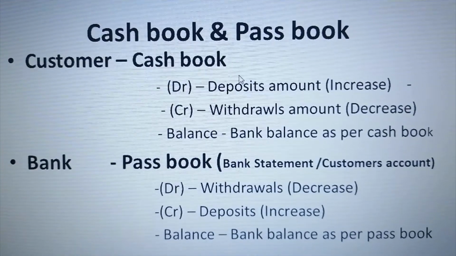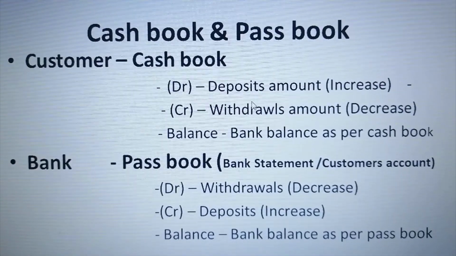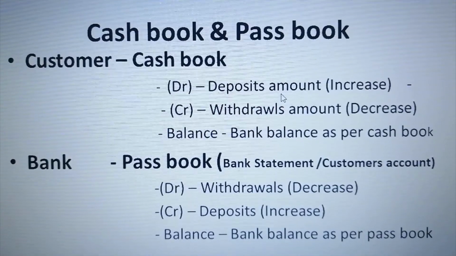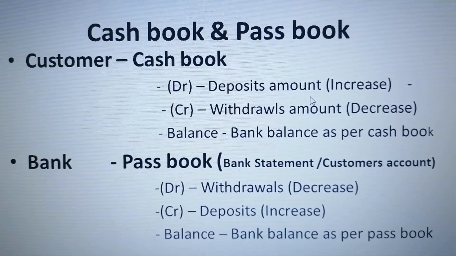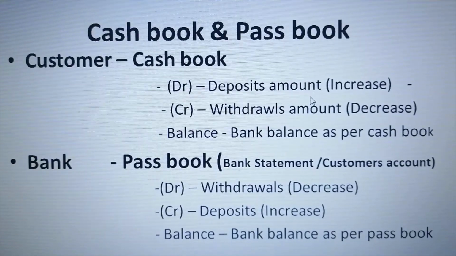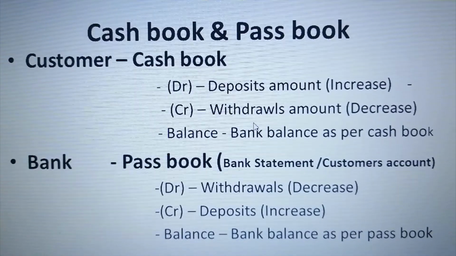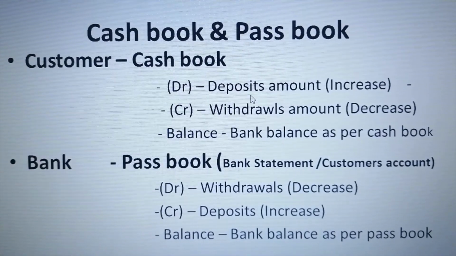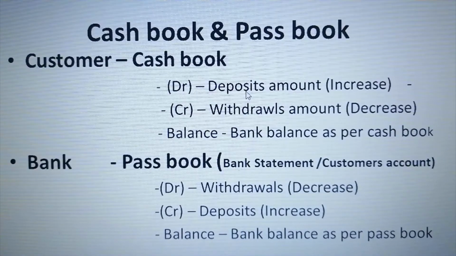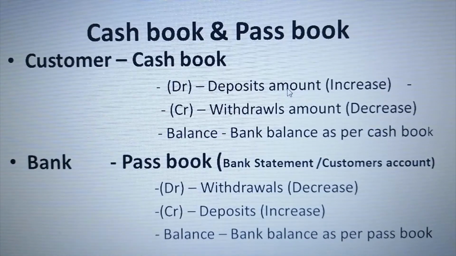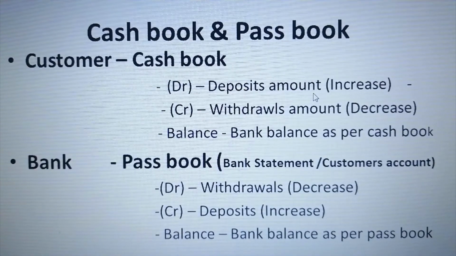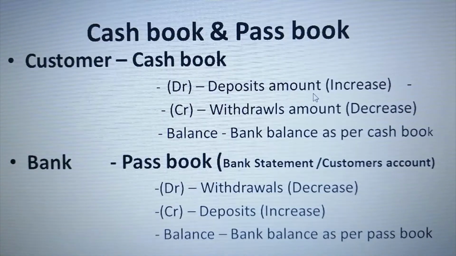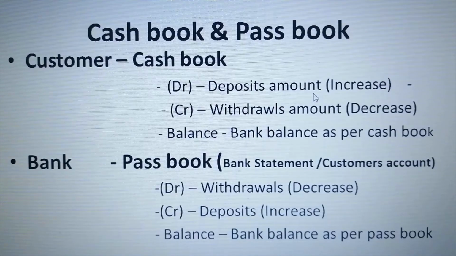If the business does any transaction through bank, it will be recorded in the bank column of the cash book. If it is recorded on the debit side of the bank column, it shows that the amount has been increased, that is, the balance of the customer's account has increased.